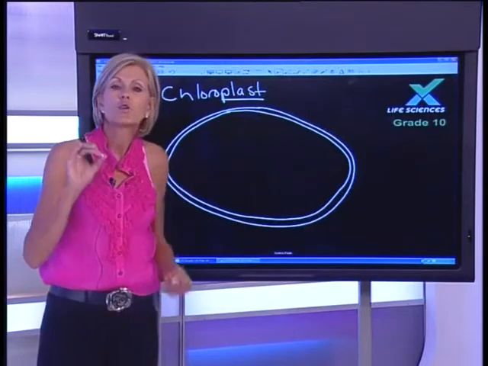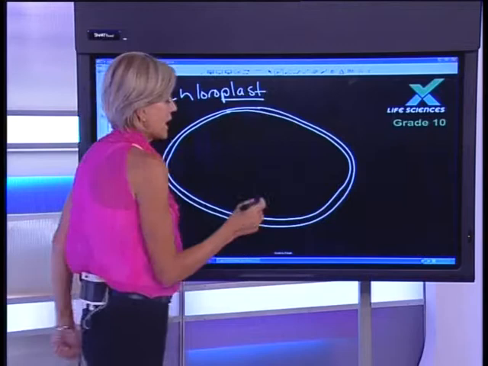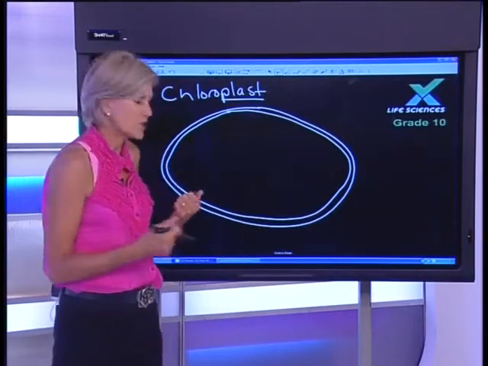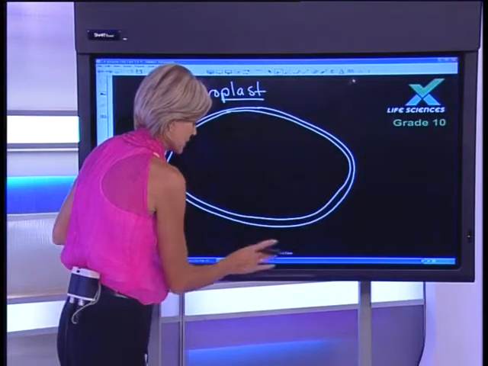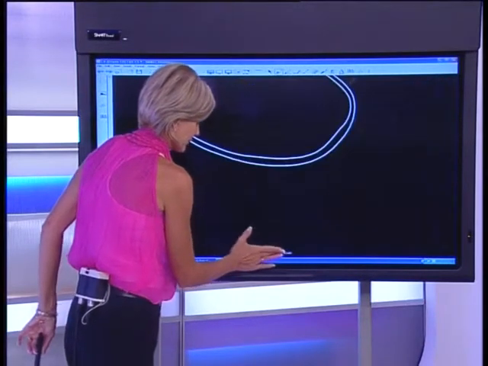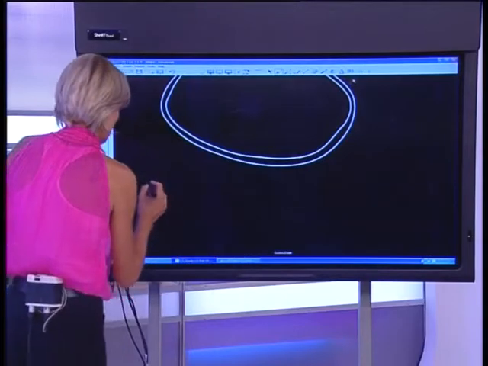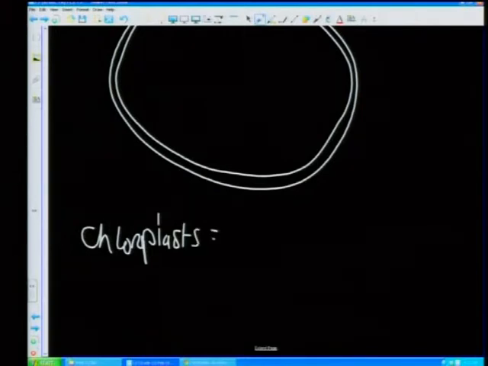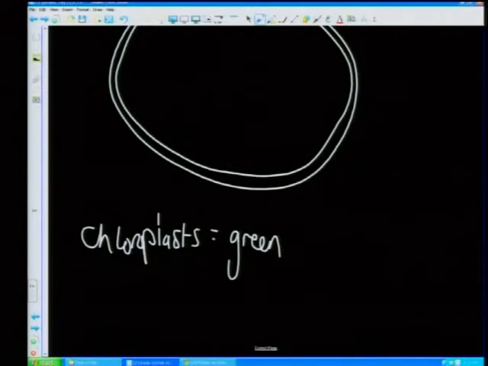And then you get your leucoplasts, and I think I should actually write these down. For your plastids, you've got your chloroplasts, and they are green, and their job is to photosynthesize.